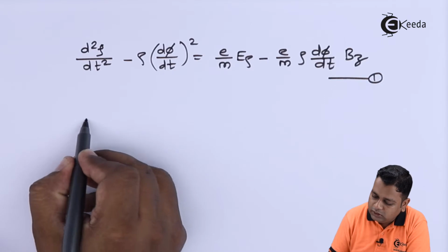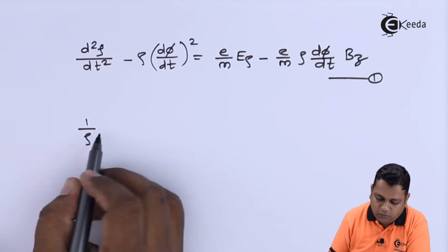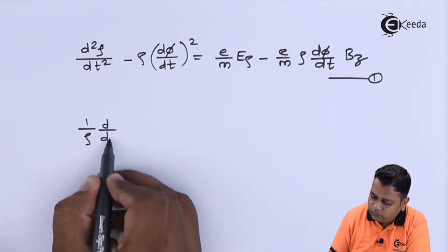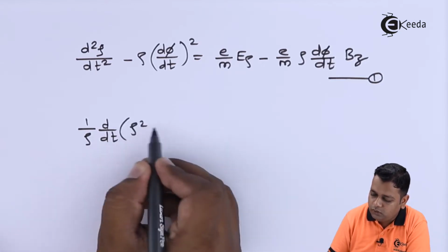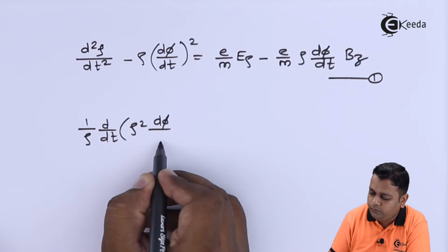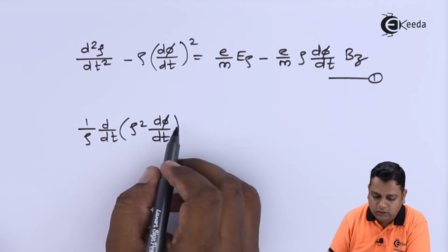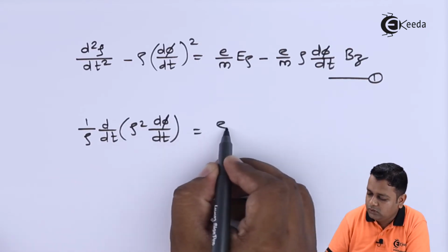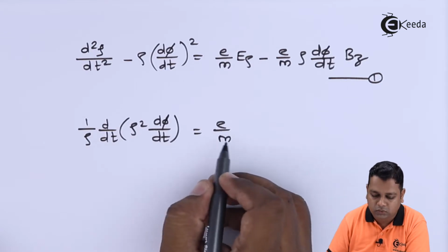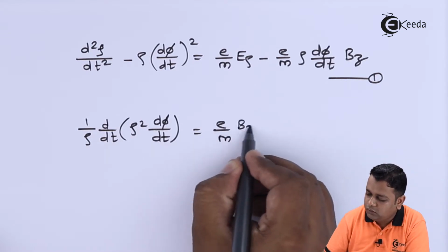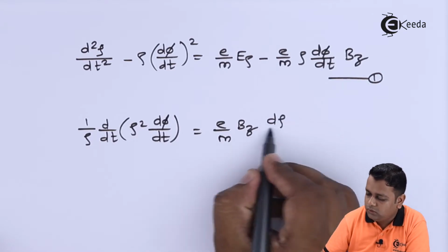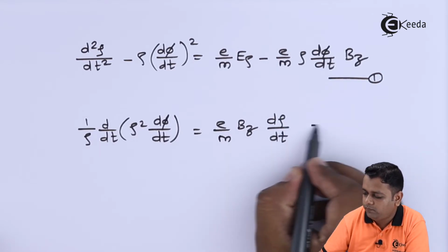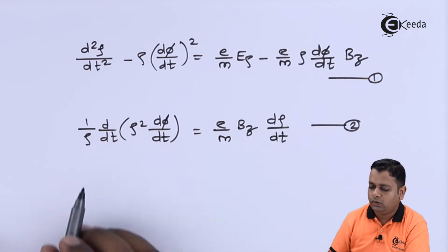The second equation is given as 1/ρ times d/dt of ρ² dφ/dt. It is obtained as the ratio of e to m times the Bz component times dρ/dt.